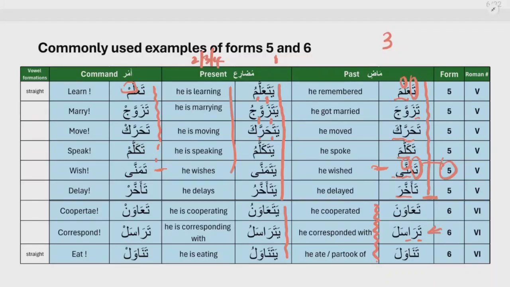So in this one here, that meaning of doing it with somebody else doesn't necessarily apply, because you can eat on your own. But in this one, corresponded and cooperated, there has to be 2 parties, and that's how one of the meaning patterns of the form 6 comes in there. There's 2 groups involved doing this particular action.